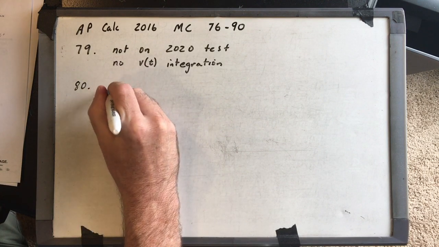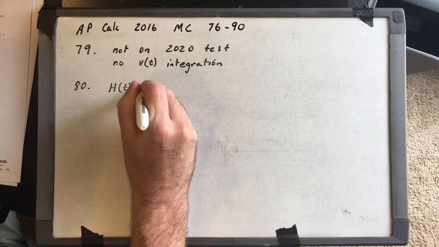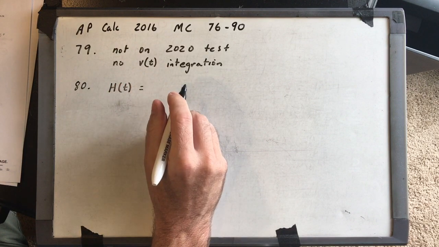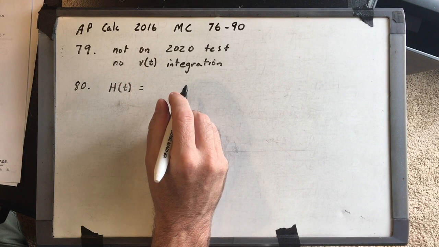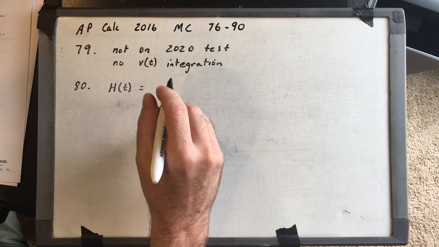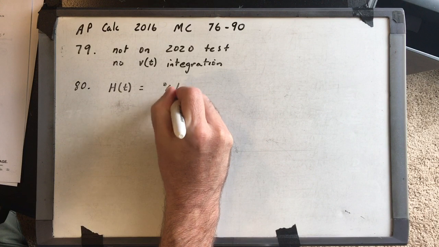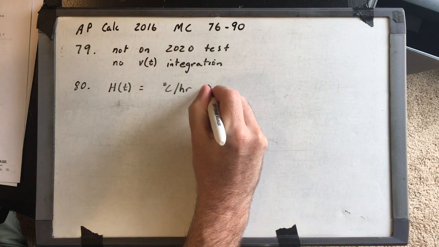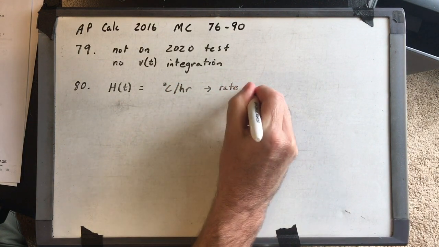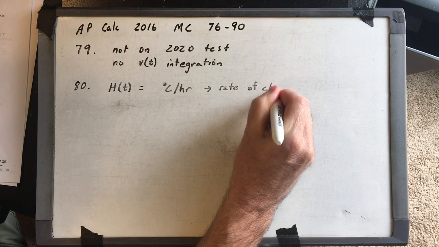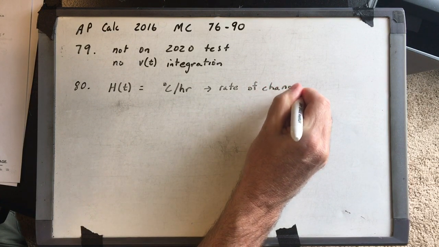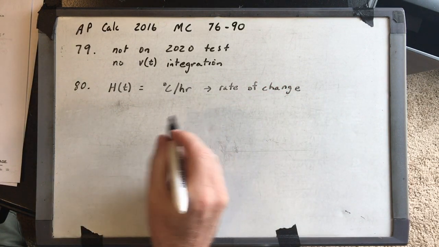So h of t is equal to degrees Celsius per hour. So it's a rate of change, like the derivative, degrees Celsius per hour.